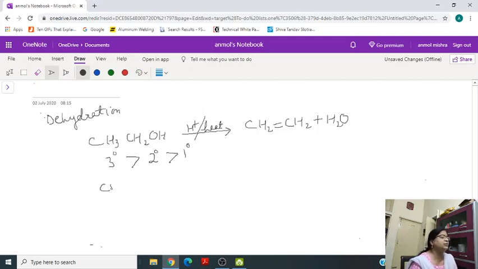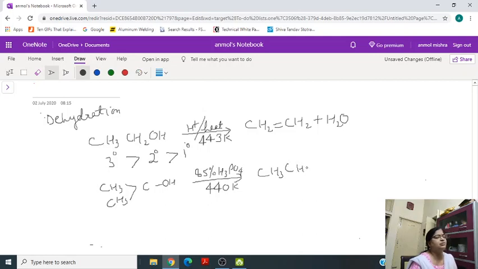For example, secondary alcohol requires only 85% phosphoric acid. It is a weak acid. And here it's a strong acid, then also it requires the temperature of 443 Kelvin. So here now 3 carbon, so alkene of 3 carbon will be formed.